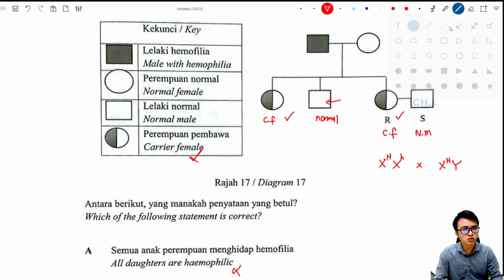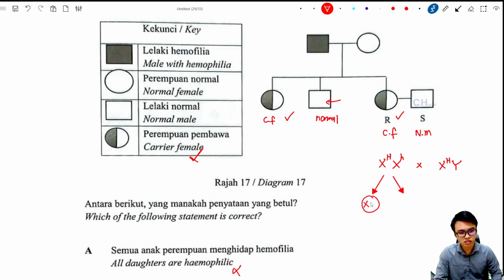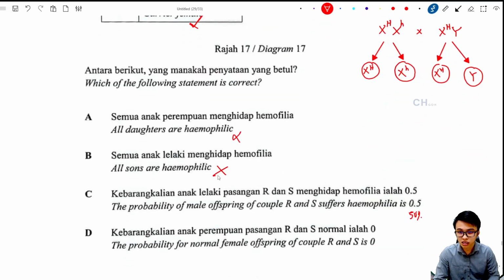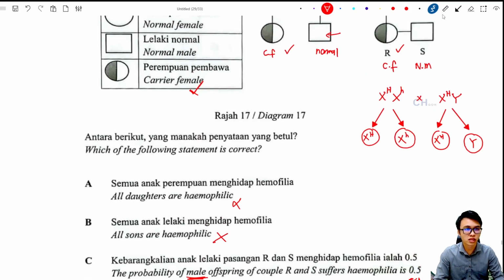So they will produce gametes which look like this. This one is X, big H. This one is X, small h. Cross with X, big H, sorry, Y. But this question is talking about male offspring, so the only possibility to get a male is to cross with the Y chromosome.